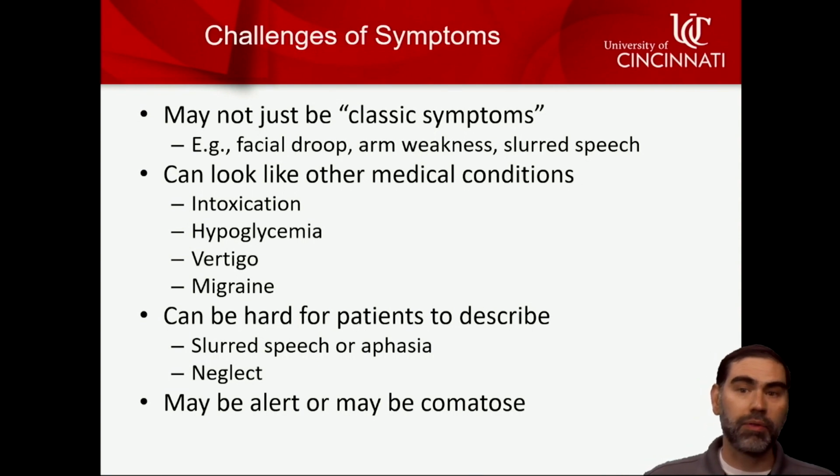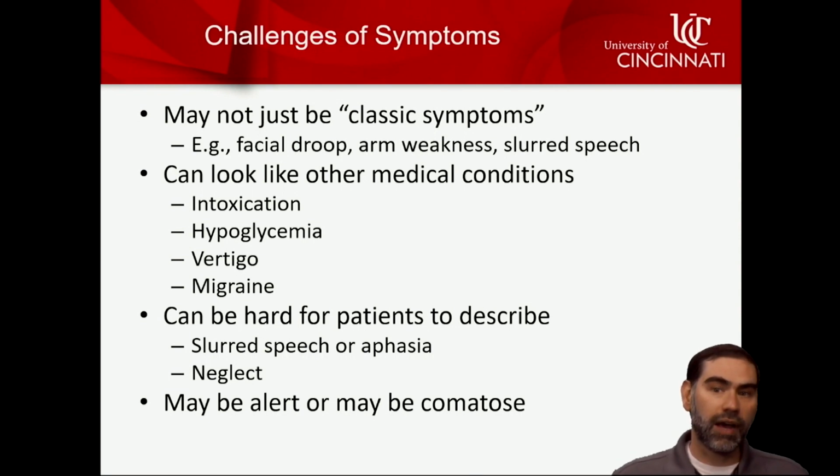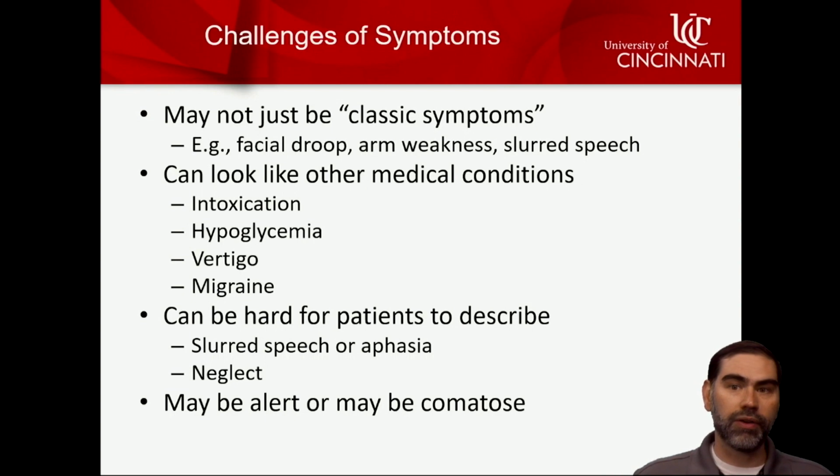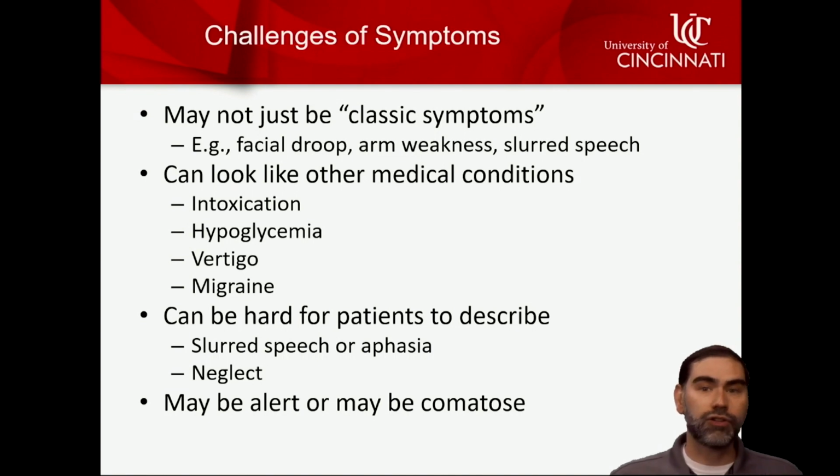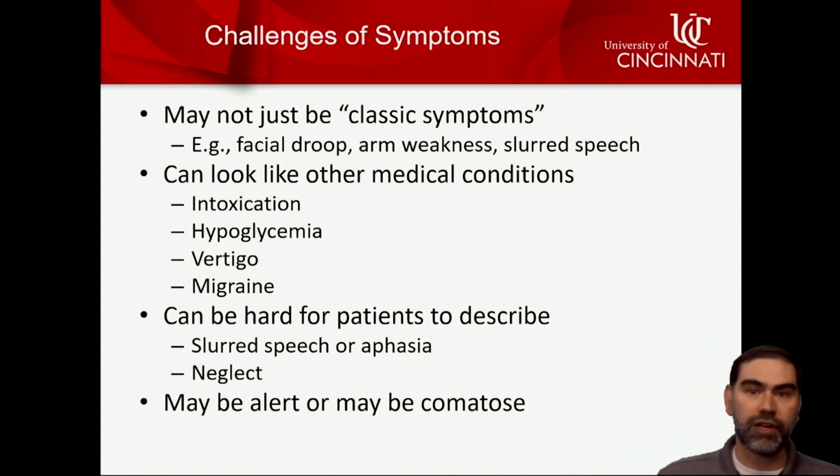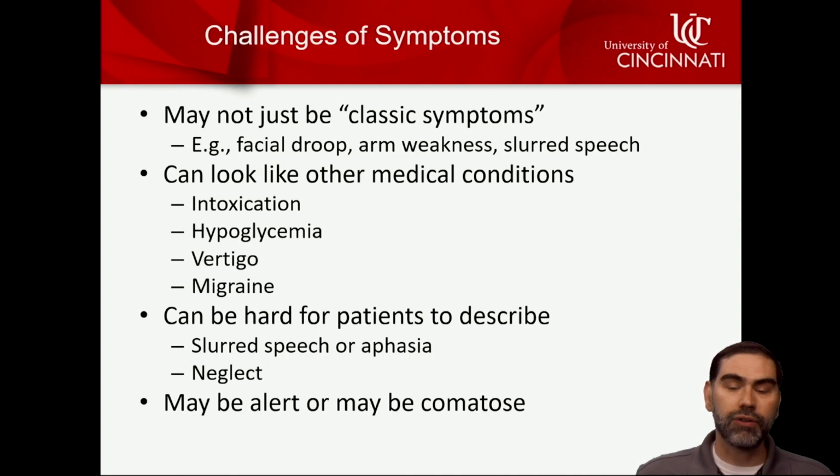Vertigo is probably one of the more vexing syndromes, actually, to determine whether it's a central cause, so just your balance center in your ear, versus a posterior circulation cause, so a problem going on in the cerebellum. And part of this, too, is that it may actually be hard for the patient to describe what's going on. So not only may I have an aphasia or really limited speech, so even if I knew what I wanted to say, I may not be able to get that out because of how the stroke is affecting my brain.